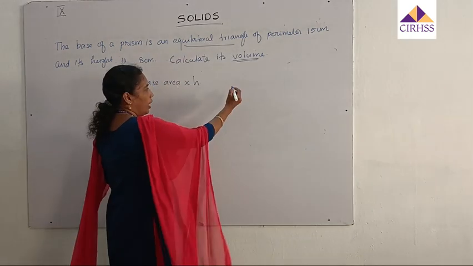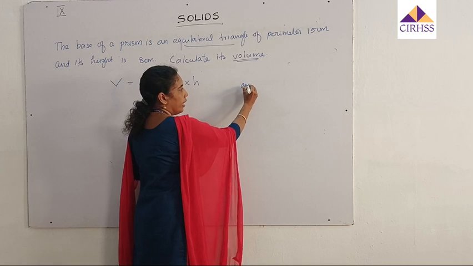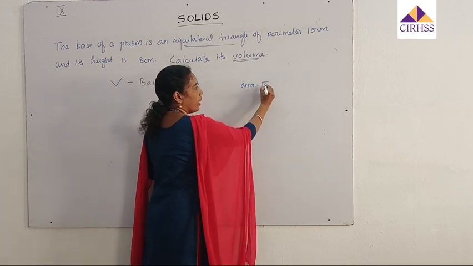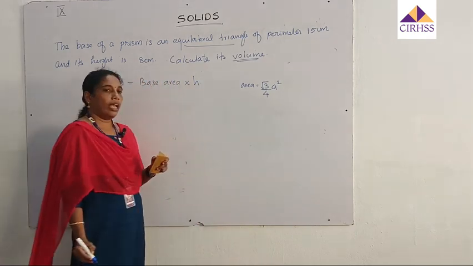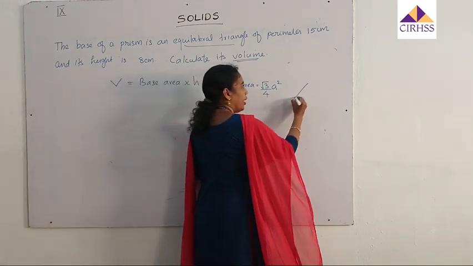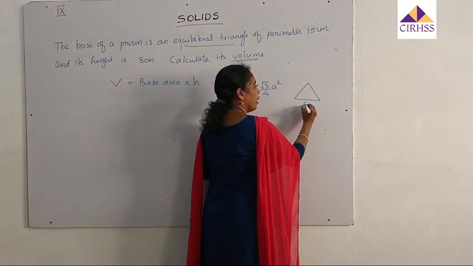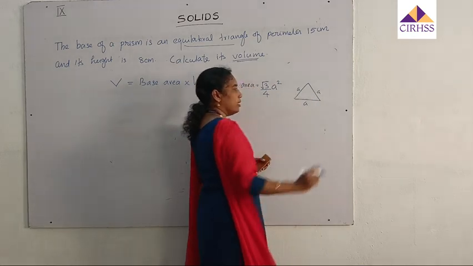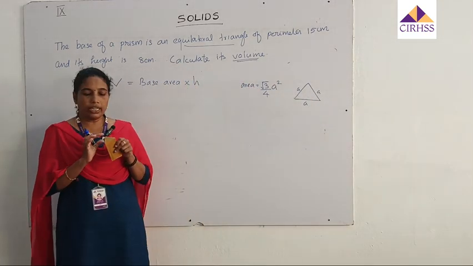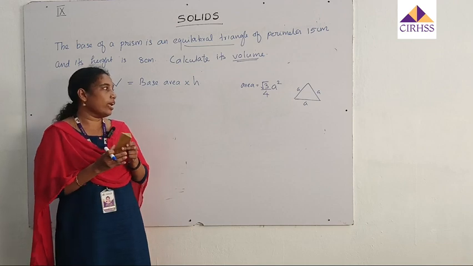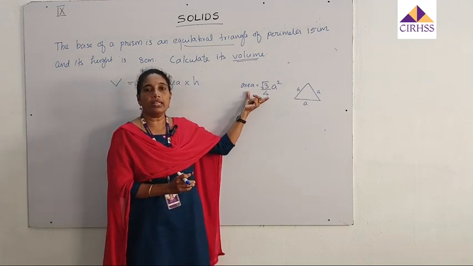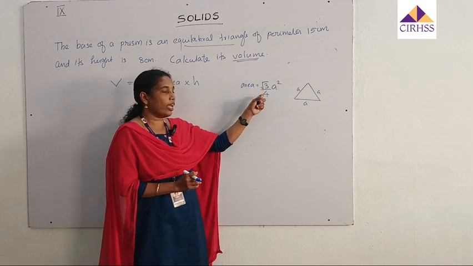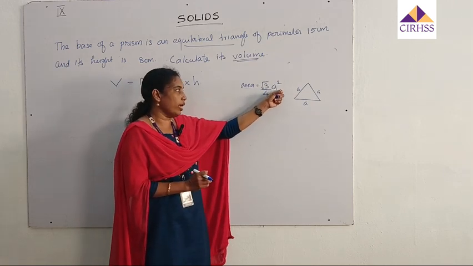Yes, area of equilateral triangle is root 3 by 4 a square. A means side of equilateral triangle. All sides are equal. So each side as we take as a. So base area is area of equilateral triangle, that's equal to root 3 by 4 a square.